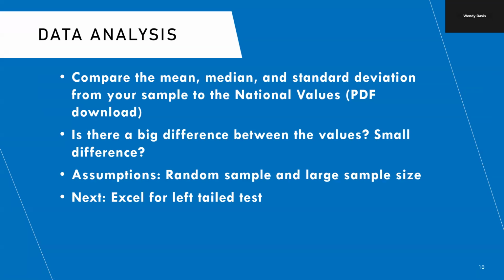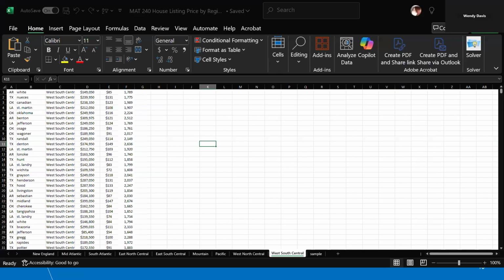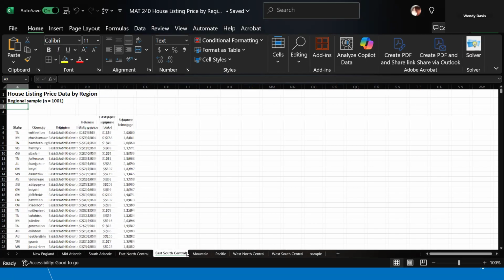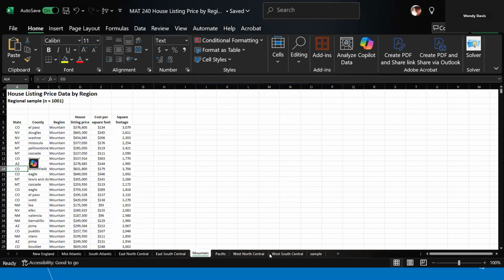So next we're going to go to Excel. Let me just make sure it's switched to the correct screen share. So when you download it, this is what it looks like, and you can see it's different because we have different tabs here for all of this.